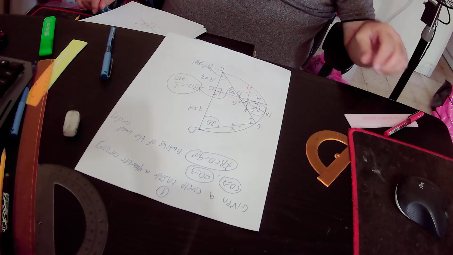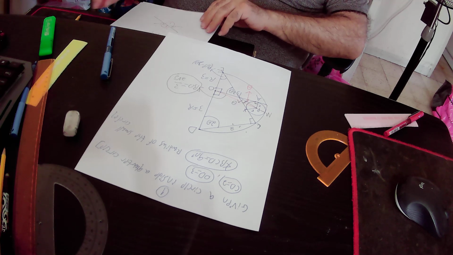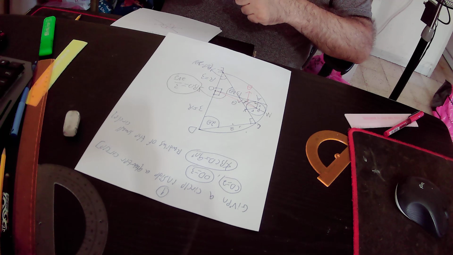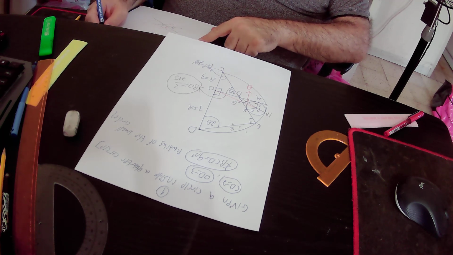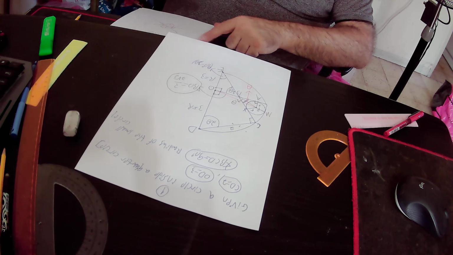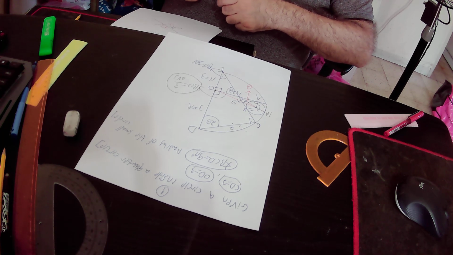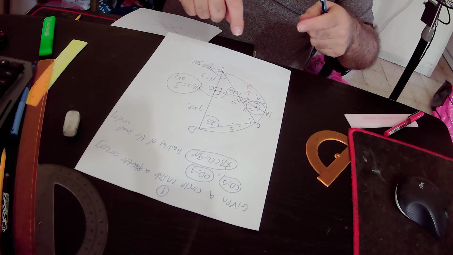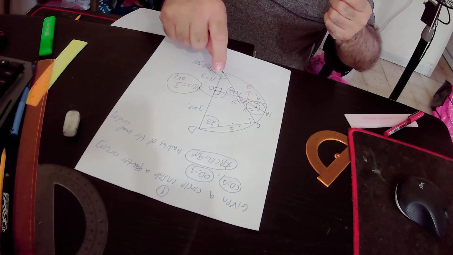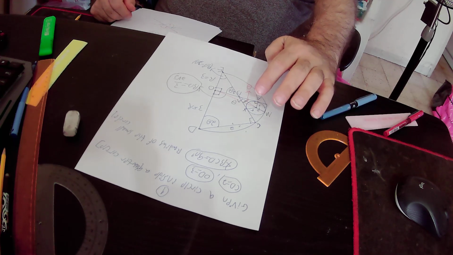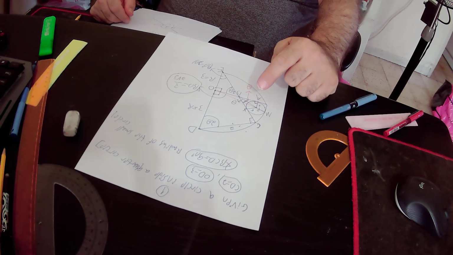And then we extended CB and DO until they intersect with each other. The intersection point between CB and DO is at point E. And actually in this way we created two vertex angles. Angle EBO is a vertex angle, and the second vertex angle is angle ABC.